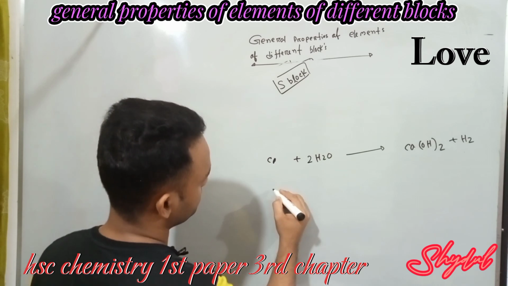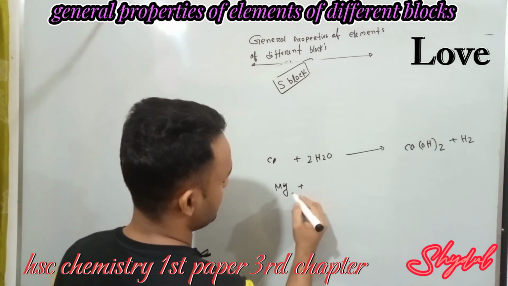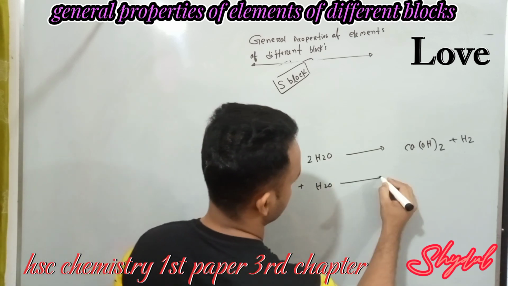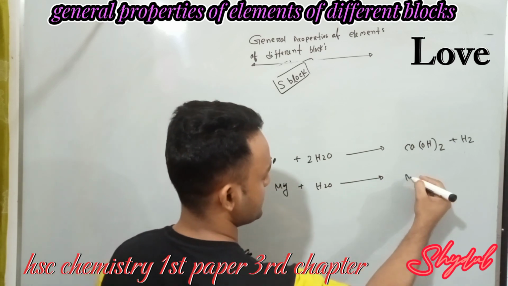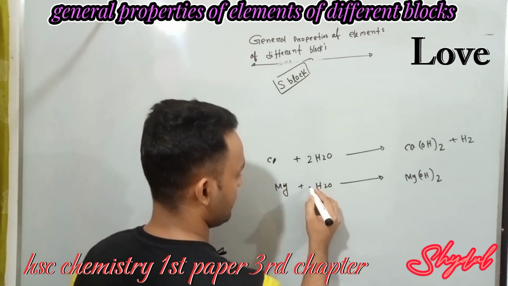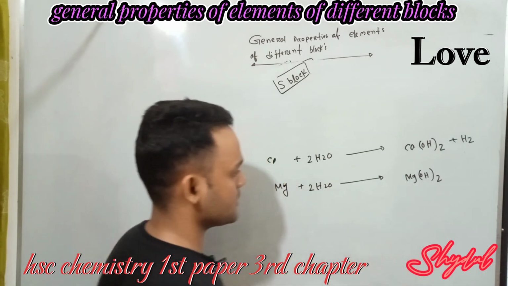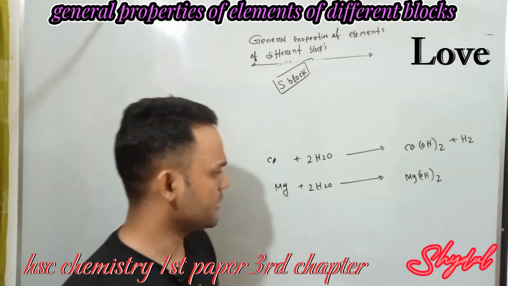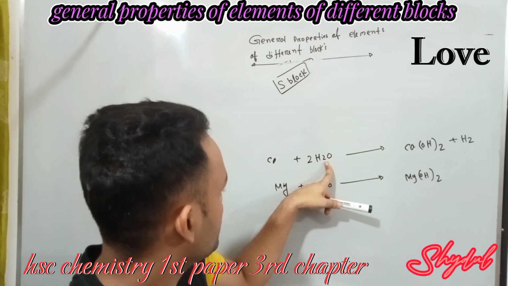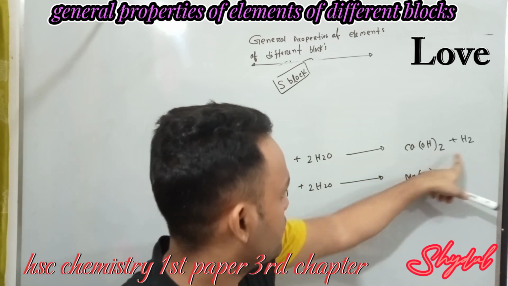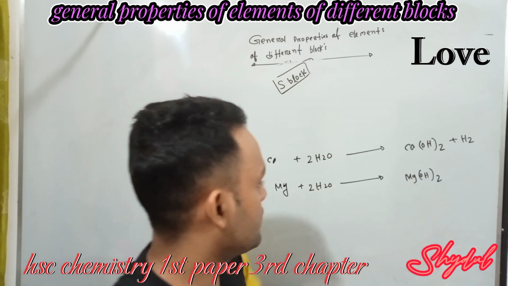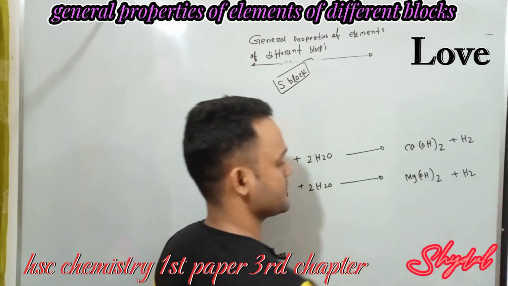Similarly, magnesium reacts with water and creates magnesium hydroxide. Look at the hydrogen: 2, 4, 2, 4, with calcium 2.